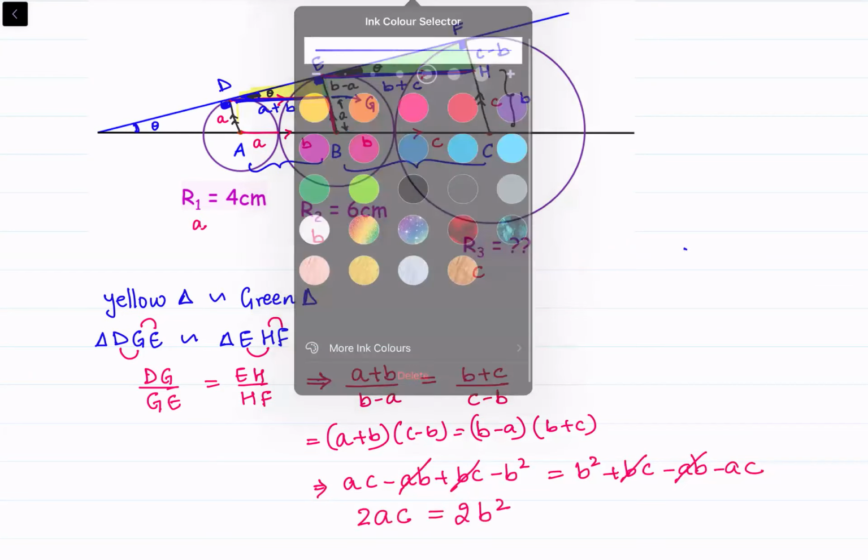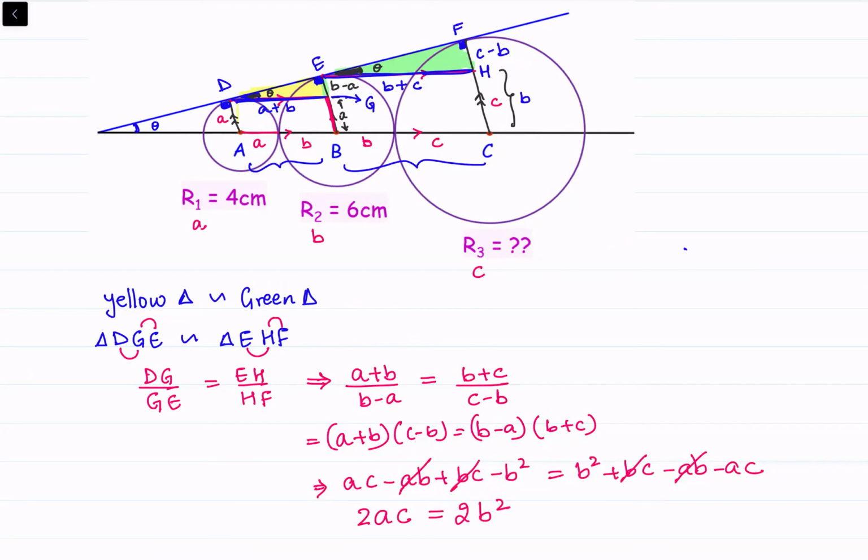Now A, B and C are the radii. Let's put the values. A is 4 centimeter, B is 6 centimeter, and C is what we have to find.